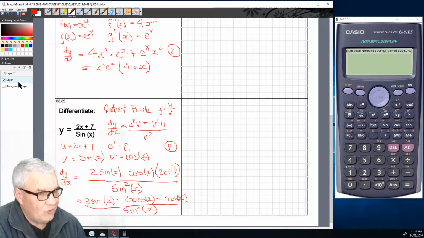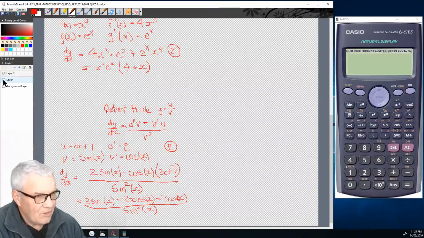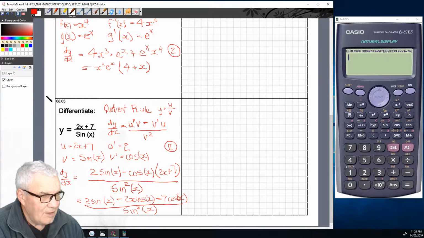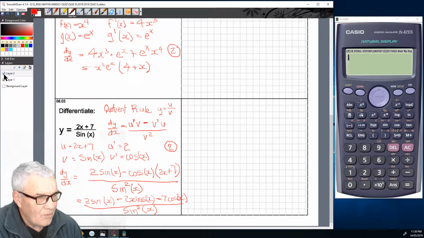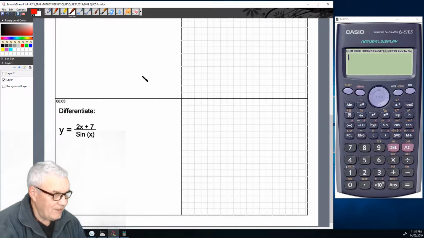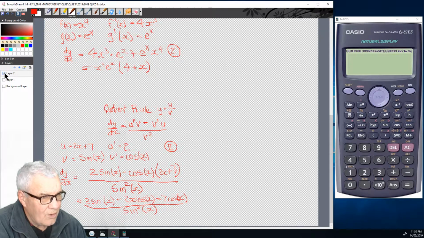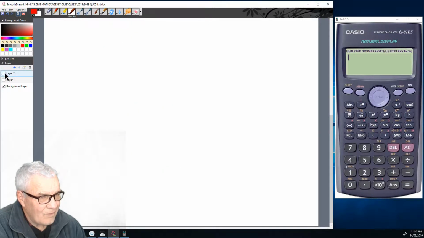Okay, so that's questions 1, 2, and 3 done. We'll turn off layer 1. What happened there? We'll go to layer 2. Turn off layer 2. What's background layer? We've got a bit of a problem here.